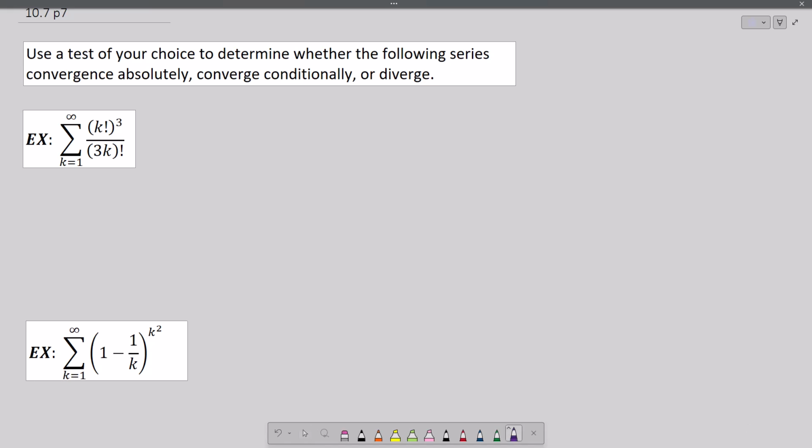I'm going to write one little hint up here to make sure you're thinking of this properly. 3k factorial is 3k multiplied by 3k minus 1 factorial.